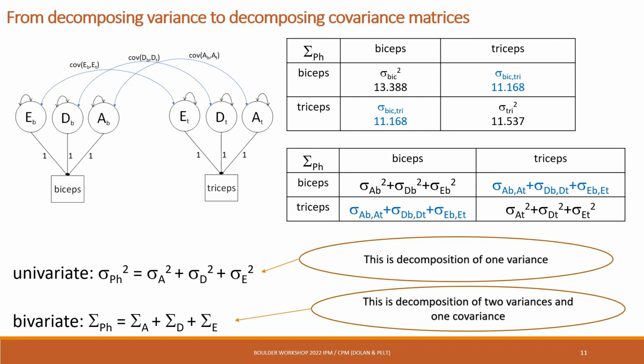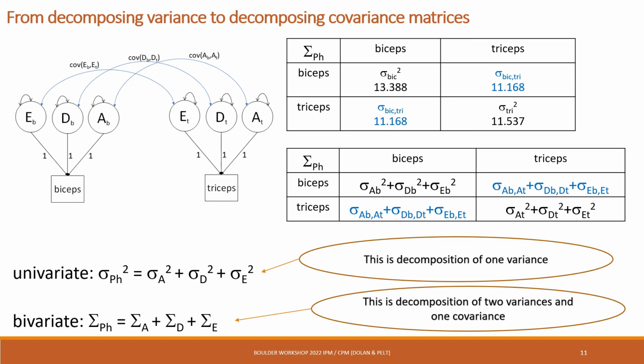On the right hand side of the slide you can see the covariance matrix in symbols and numerically, and in blue again the covariance, and under that you can see how we are representing the phenotypic covariance matrix. So we're going to decompose the variances into 3 parts, and we're going to decompose the covariance into 3 parts.